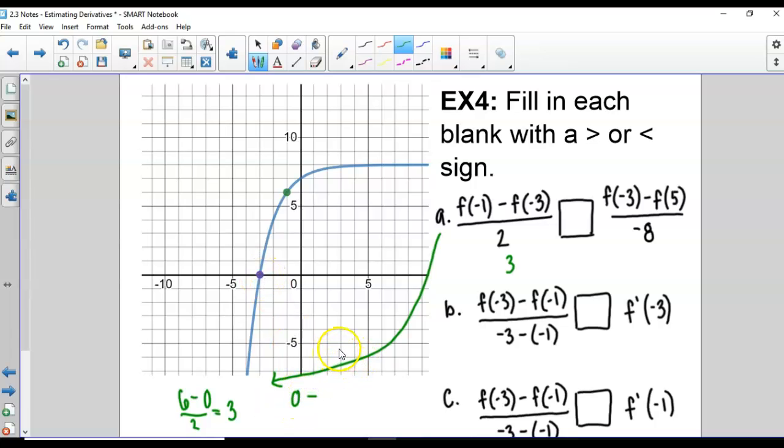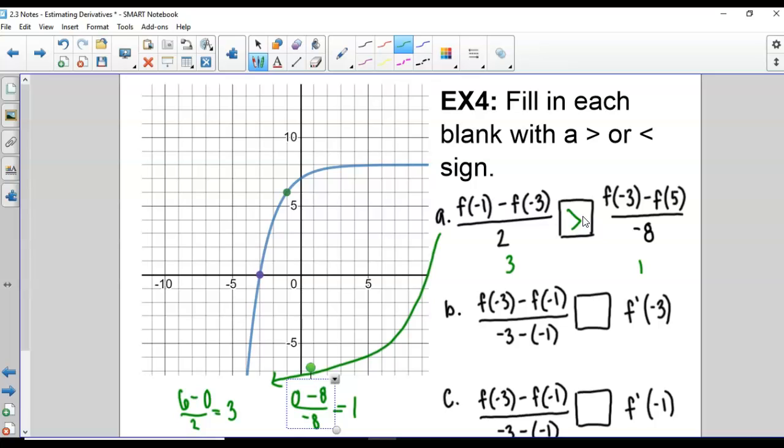F of 5, I'm pretty sure that's sort of like a horizontal asymptote maybe there, but it's awfully close to 8, so let's just use 8 because we're estimating, so it'll be okay. Negative 8 over negative 8 equals 1. And so, obviously, 3 is greater than 1.